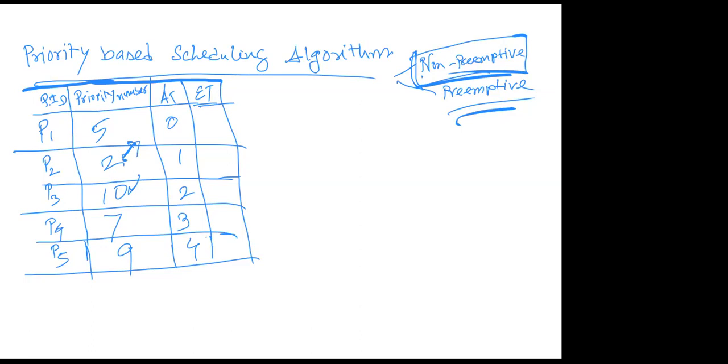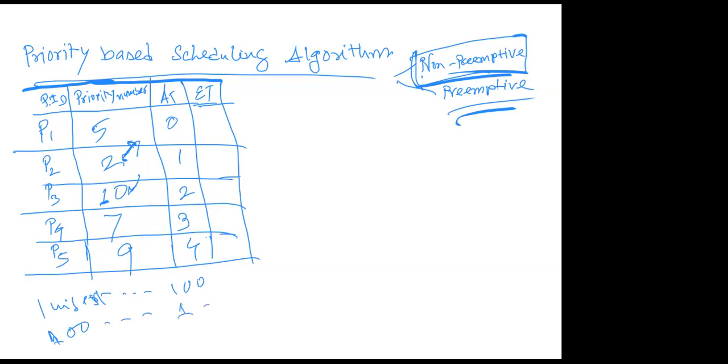So the priority based algorithm is a simple concept. When you define this algorithm, when the number is high, that means highest priority, or you can say that when the number is lowest, it is the highest priority. Let's say if the priority number is 1, then it is highest. If it is 100, then it is lowest. Or you can say highest is 100 and lowest is 1.